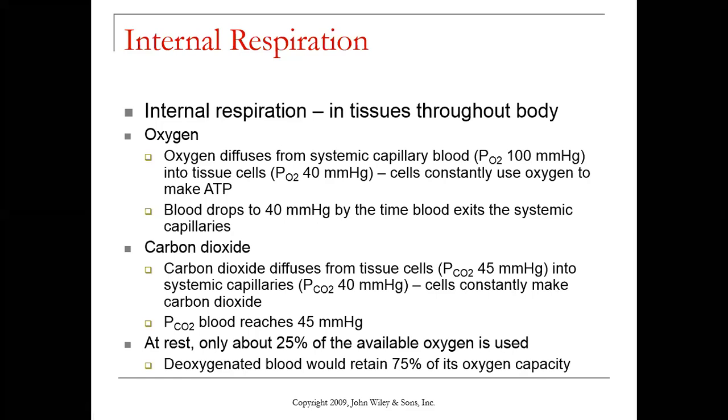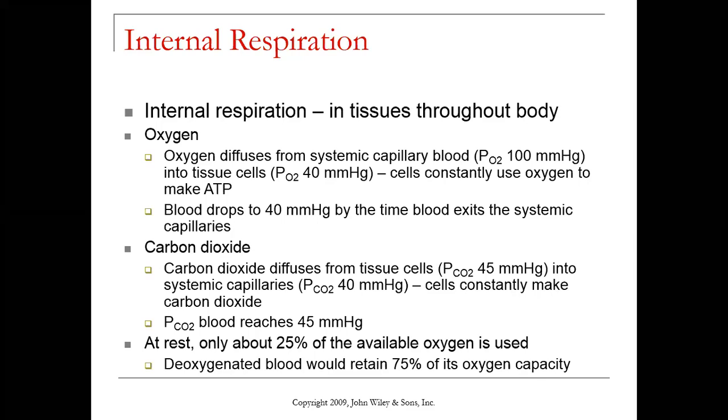So that is an increment of 5 millimeters of mercury. Cells continuously make carbon dioxide and send it to the systemic capillaries. So the blood CO2 in the systemic capillaries reaches 45 millimeters of mercury from 40, and then it goes and sheds its 5 millimeters of mercury increment into the atmosphere.